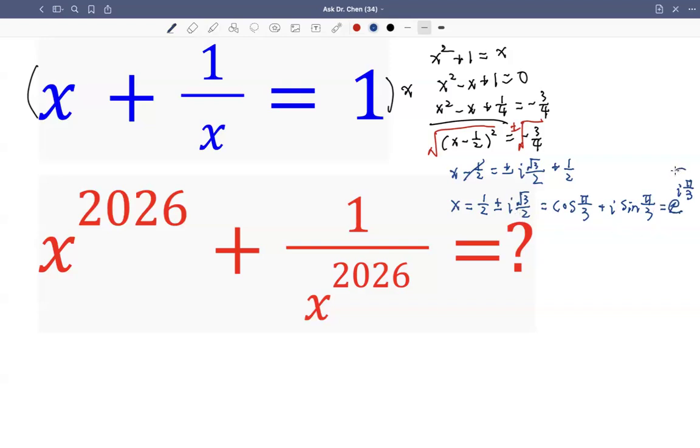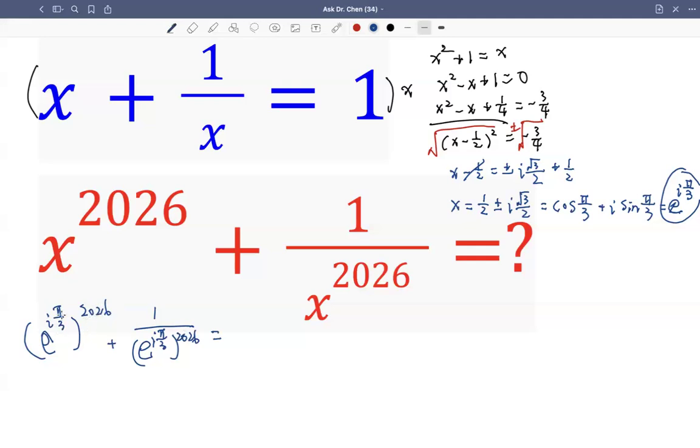Then we want to use this for x, right? So now x raised by 2026, we can write as e raised by i pi over 3, raised by 2026. Then plus 1 over e raised by i pi over 3 multiplied by 2026. Now, what does it give us? Let's multiply this.